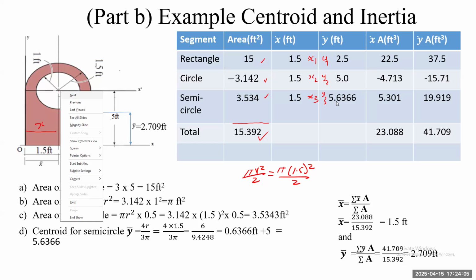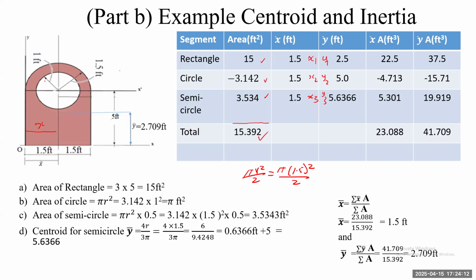And for this one, how did we get the 0.635? It's 5 plus that little distance up there, as I said before. For the semicircle, the radius is 1.5, so what did we say? 4 upon 3 pi. So it would have been 4 times 1.5 upon 3 pi.